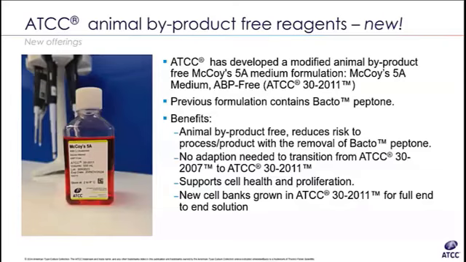However, it's chemically defined. So you're going to get really regular performance out of animal byproduct-free media. So depending on what you're doing, if you're doing primary cells, you'll see a very reliable result. Of course, your donor is going to introduce variability, but your cells aren't going to be senescing because one lot of serum was not as good as the other, or one lot of McCoy's media was better than another. So in that sense, it can help you get more reliable results particularly around senescence.